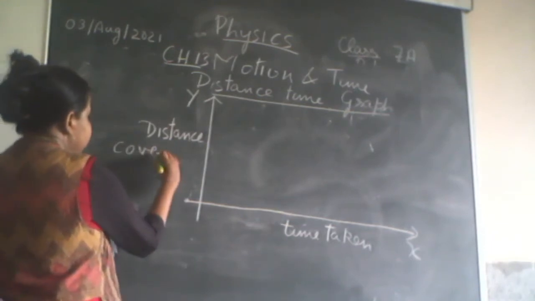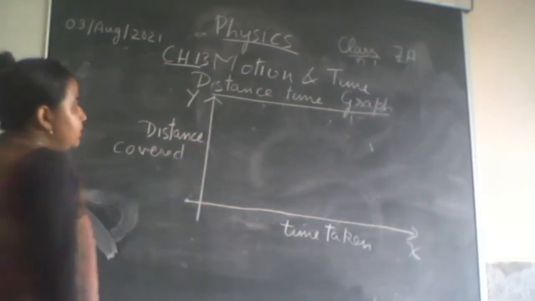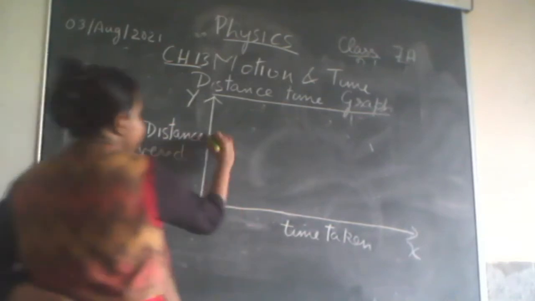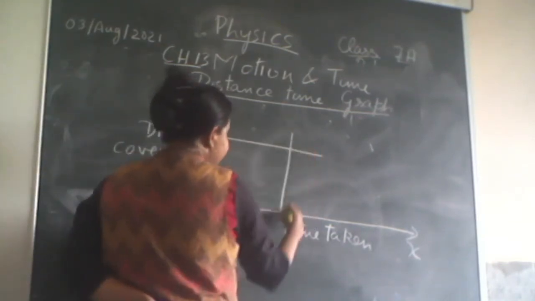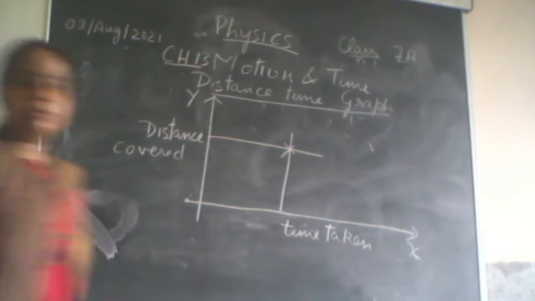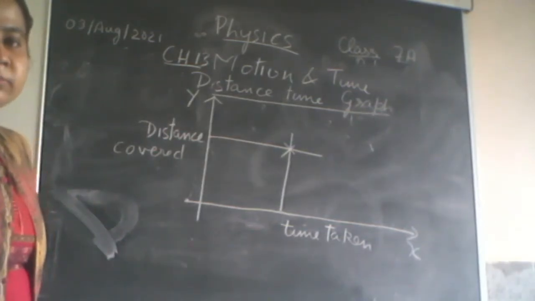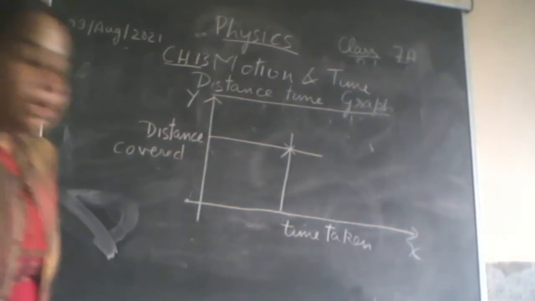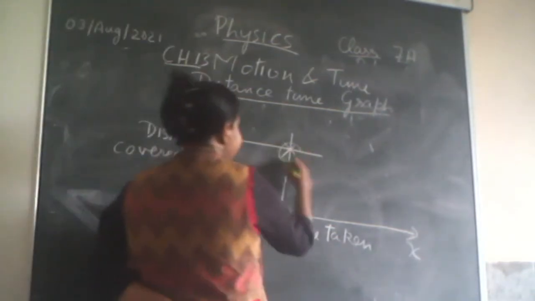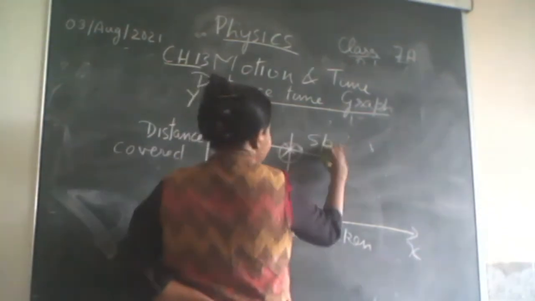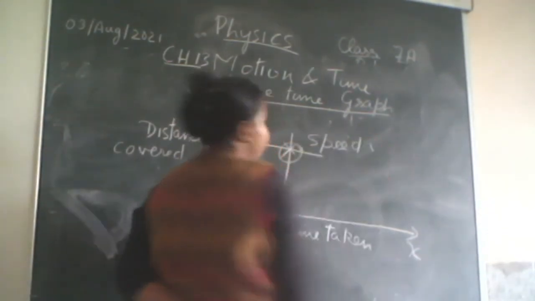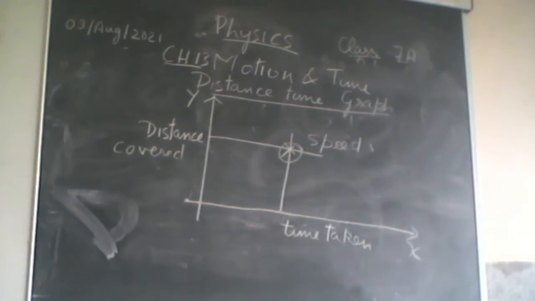Now, this distance covered and time taken will have a meeting point, yes or no? Yes, ma'am. This point, whichever point we get, gives us the speed. Are the three terms clear first?